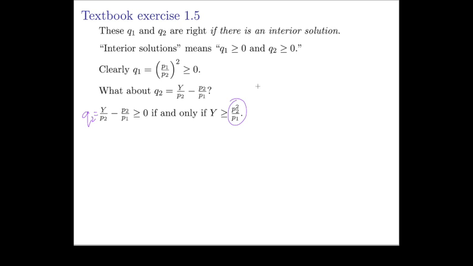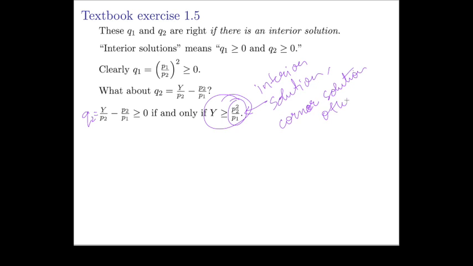So we have an interior solution if this is true, that Y is at least as big as P2 squared over P1. Corner solution otherwise.